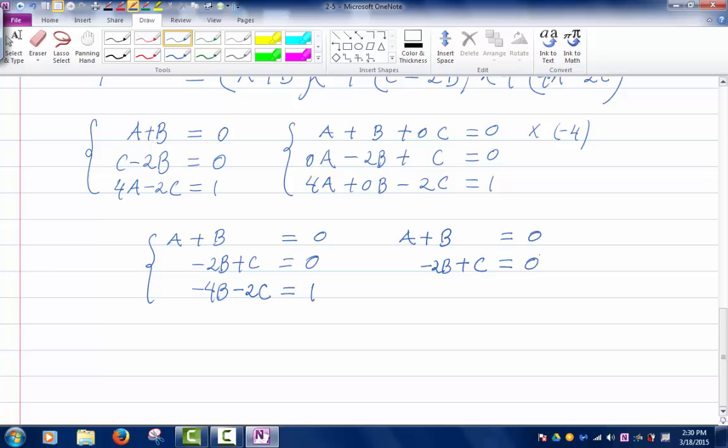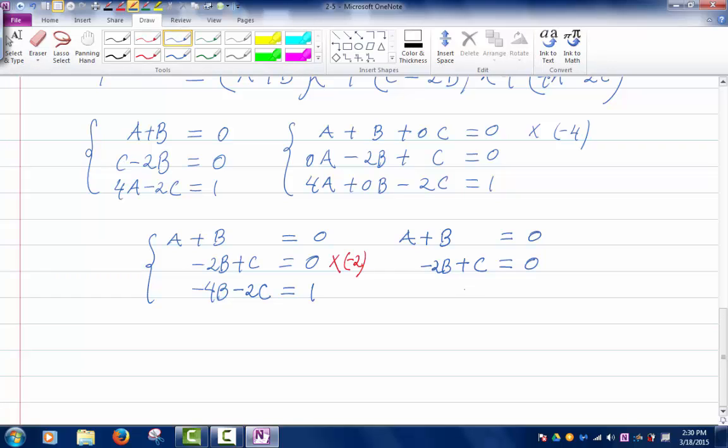So what can I do to make the coefficient of b 0 in the third row? Well, I can multiply the second row by what? Negative 2. Multiply the second row by negative 2, right? And then add it to the third row.